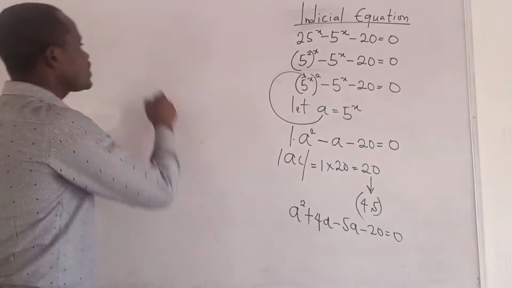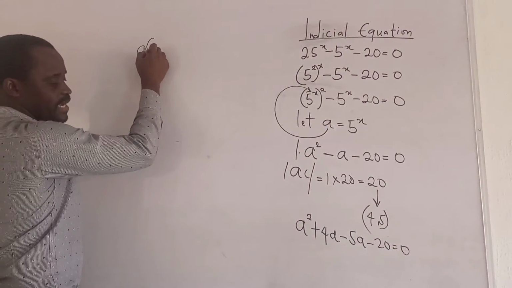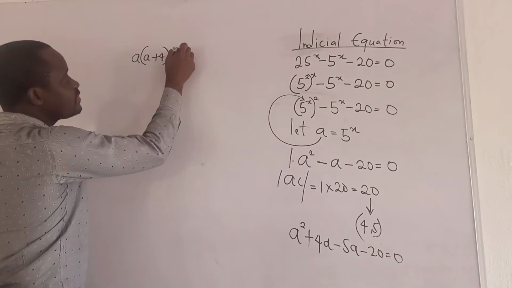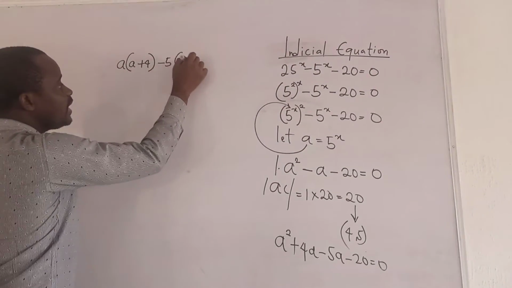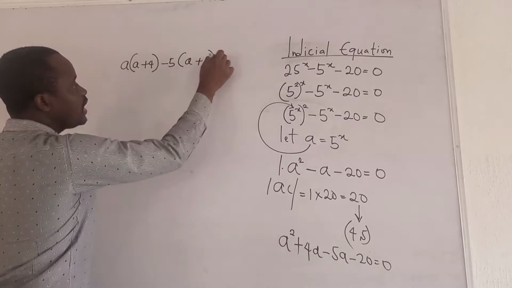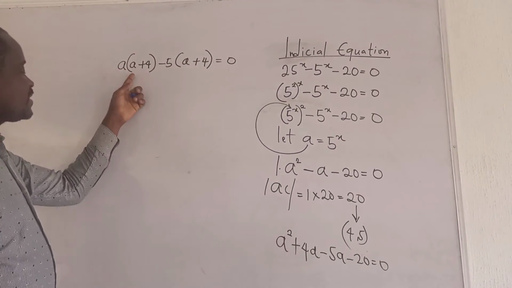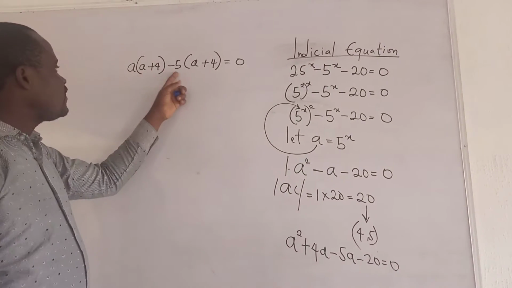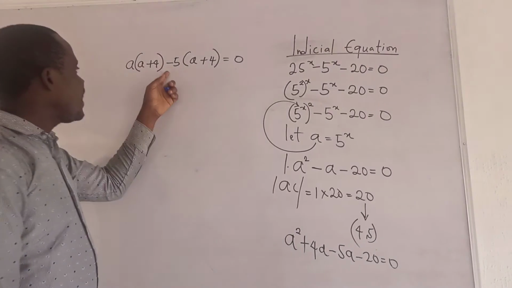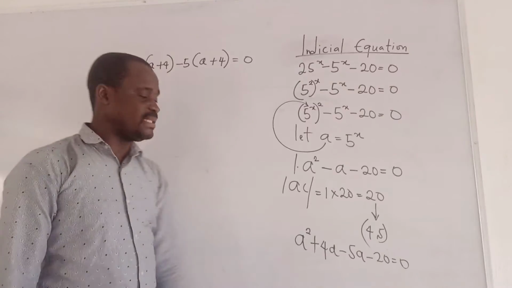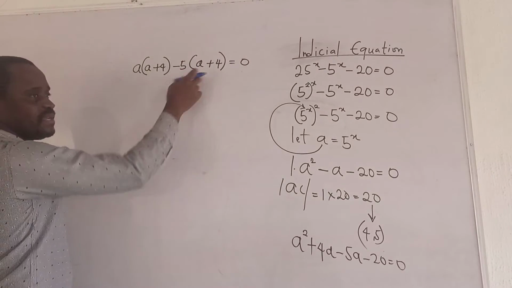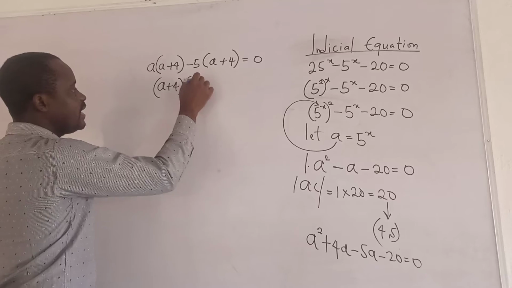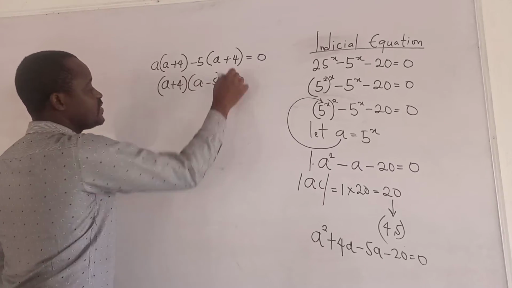So collecting like terms, this will be A into bracket, A plus 4, then minus 5 into bracket, A plus 4 equals 0. Because A times A gives you A squared, A times 4 gives you 4A, minus 5 times A gives you minus 5A, minus 5 times plus 4 gives you what? Minus 20. So with this, since we have same things in the bracket, it makes it easier. A plus 4 in bracket, A minus 5 equals 0.